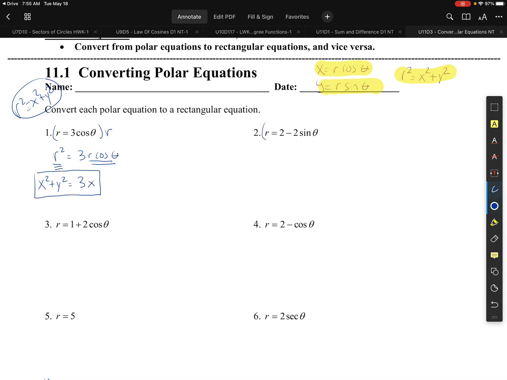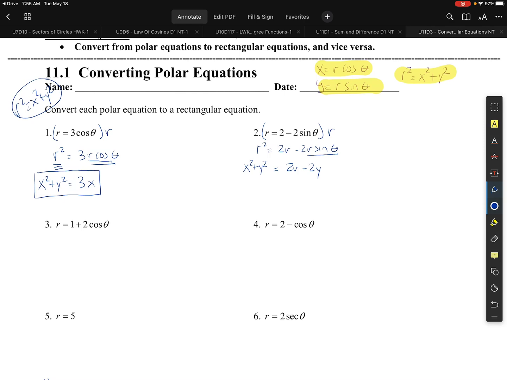Over here, again, we have to get that r squared. r squared equals 2r minus 2r sine theta. There's my x squared plus y squared. What do I have here? There's my r sine theta, so I have 2r minus 2y.